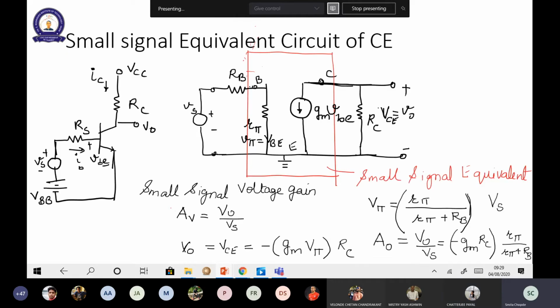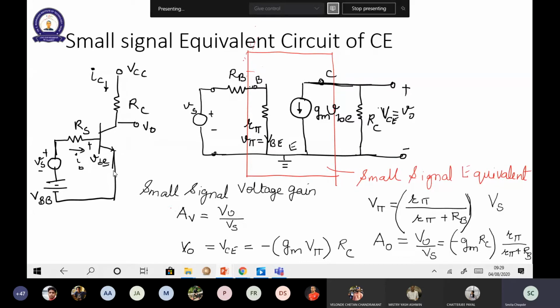So, the small signal equivalent of the CE amplifier. Whatever knowledge was used for drawing your model, you have to refer to it to draw the small signal equivalent of the CE amplifier. Here is an amplifier with VCC and V0 taken.